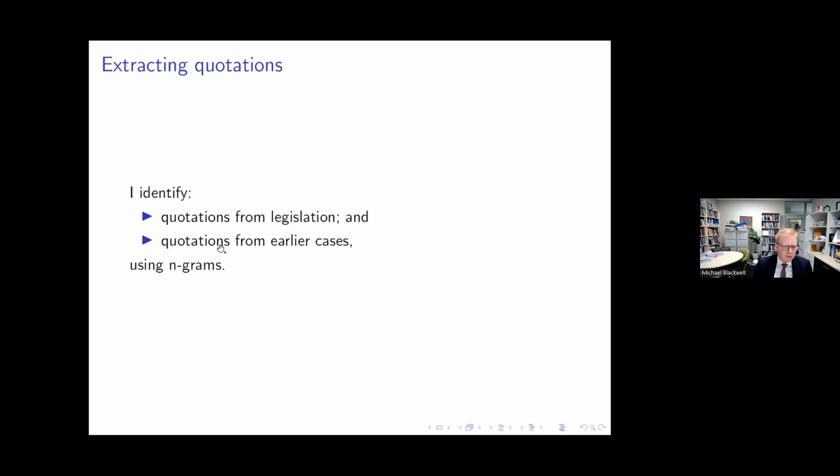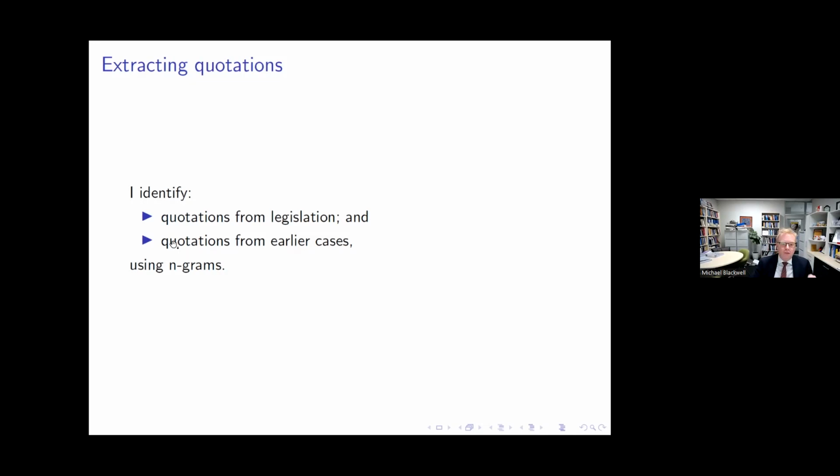Now, with bigrams, things can occur by chance, but if I look at something which is longer, like a decagram, a contiguous sequence of 10 words, those 10 words are unlikely to occur by chance unless they're quoting something. So first of all, I extract the legislation and see when it's quoting legislation.